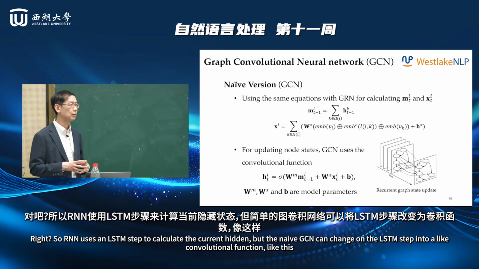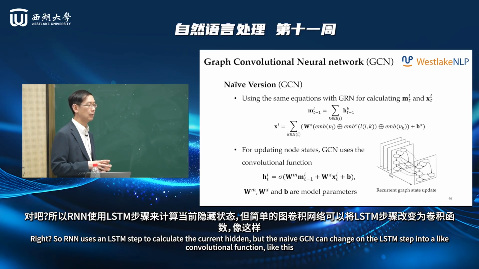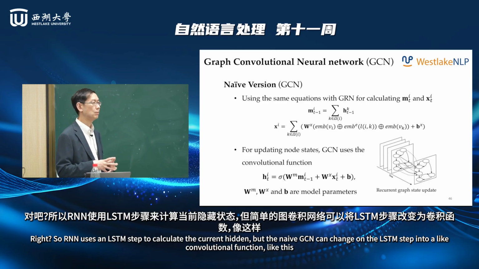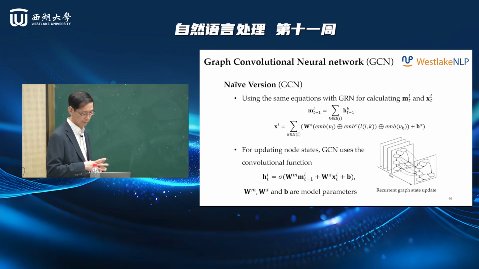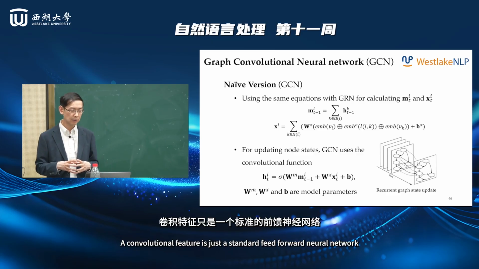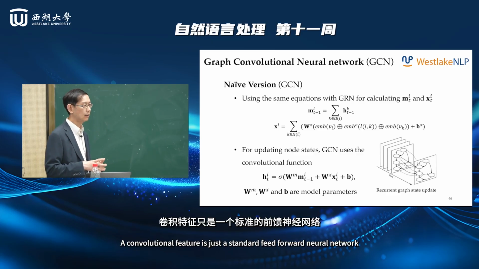So RNN uses an LSTM step to calculate the current hidden. But the naive GCN can change the LSTM step into a convolutional function, like this. Okay. A convolutional feature is just a standard feed-forward neural network.